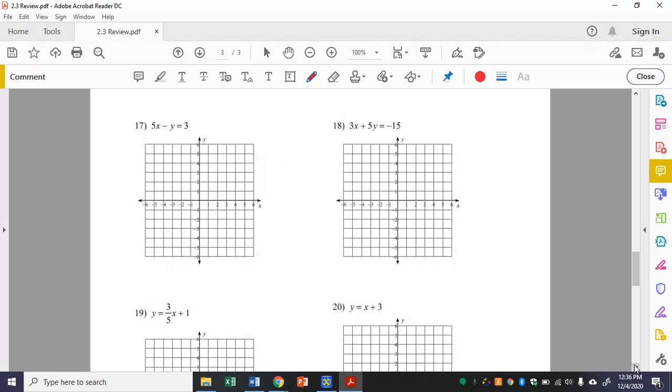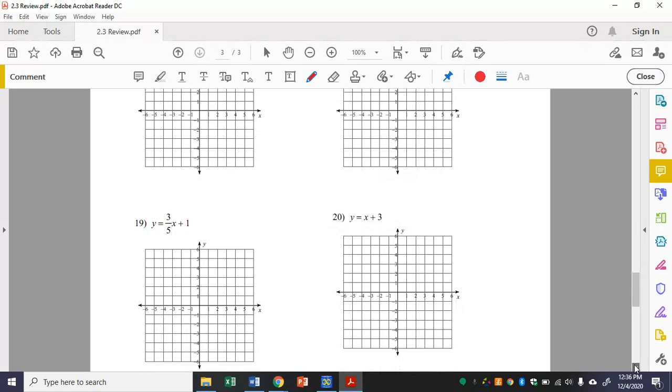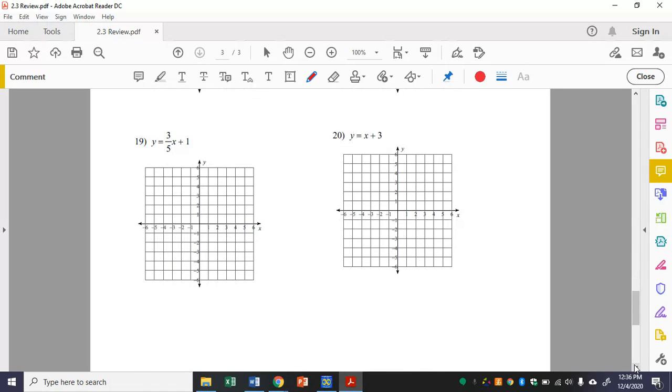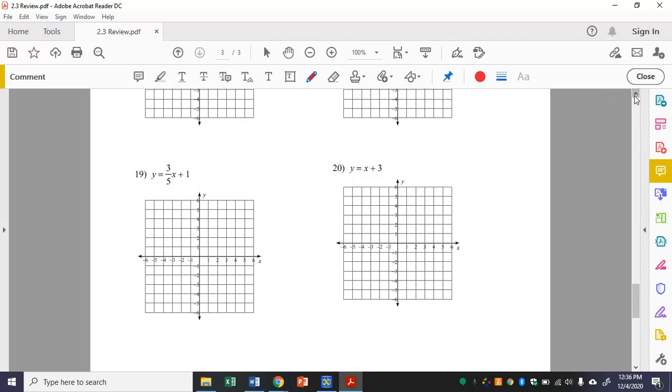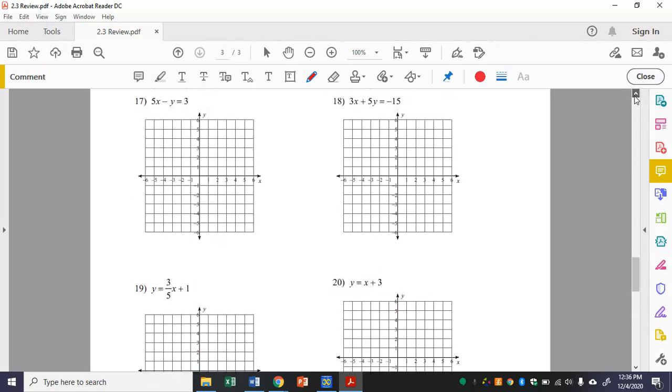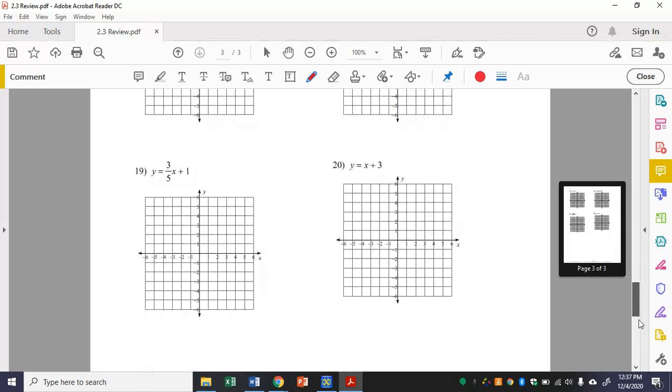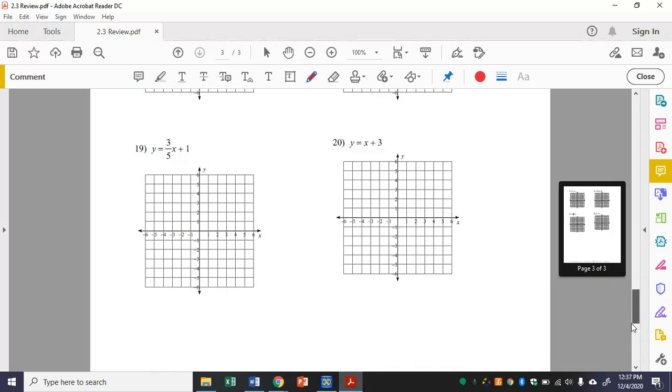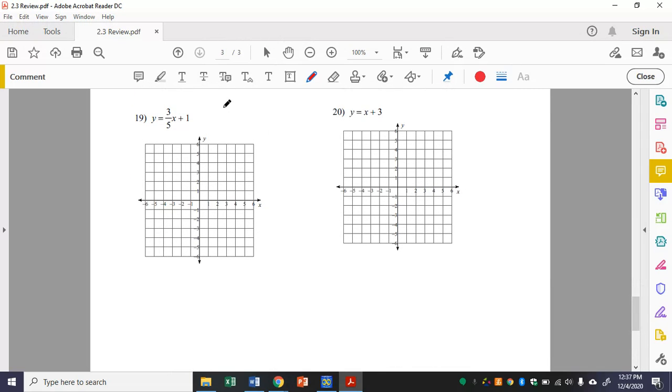And at the very end of this page, you'll see you have a couple equations not written in standard form. Your goal for 19 and 20, the first thing you're going to do is rewrite the equation in standard form.